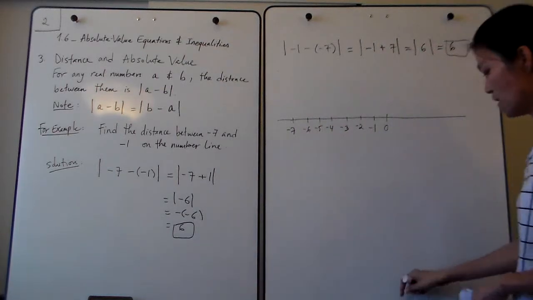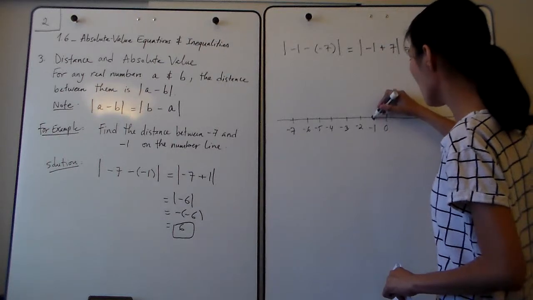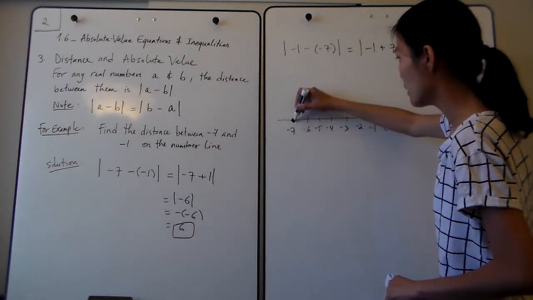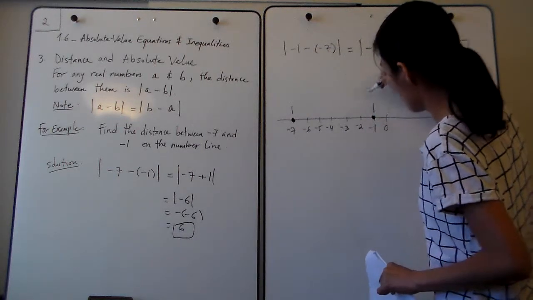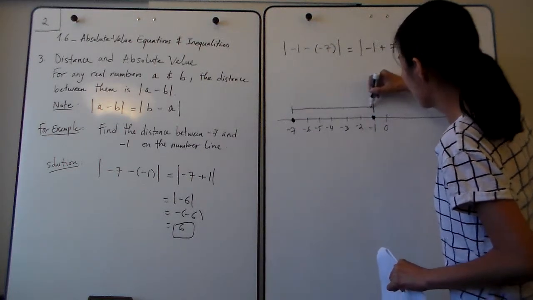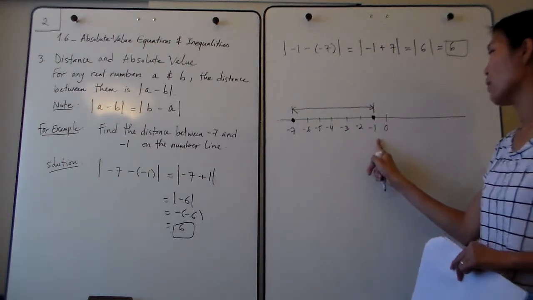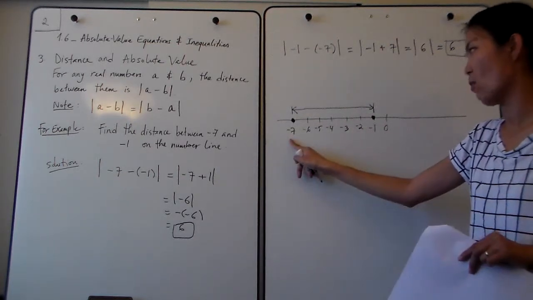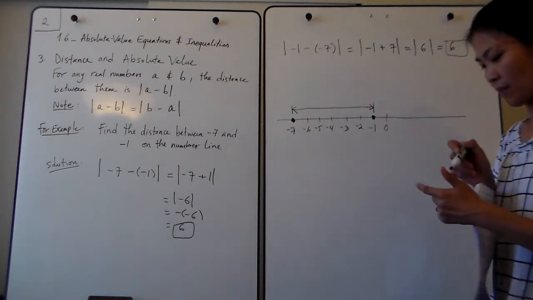So this is the number line that includes 2 points, -1 and -7. What we just did is we found the distance between these two numbers, -1 to -7, or from -7 to -1. Okay?